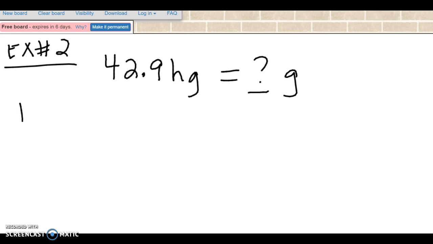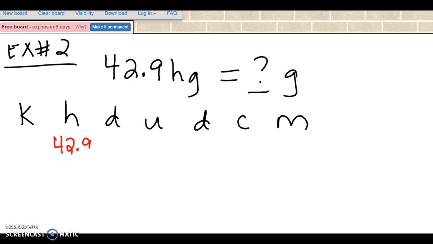The first method: King Henry died unusually drinking chocolate milk. Where are we? We are starting with hectograms, and we have 42.9 of them. We are here, and we want to go to our basic unit of grams.